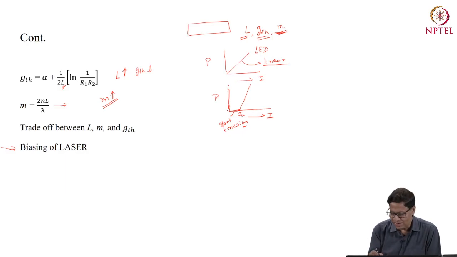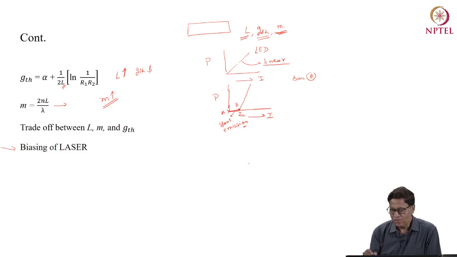Should I bias my laser at this point, say I call it point A, or somewhere here, point B? So if I bias at point A, there are two issues.